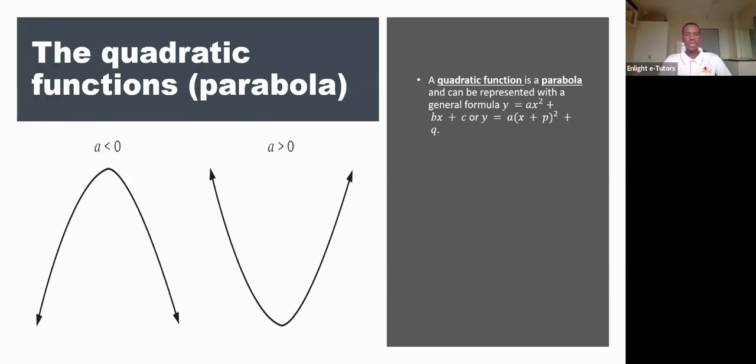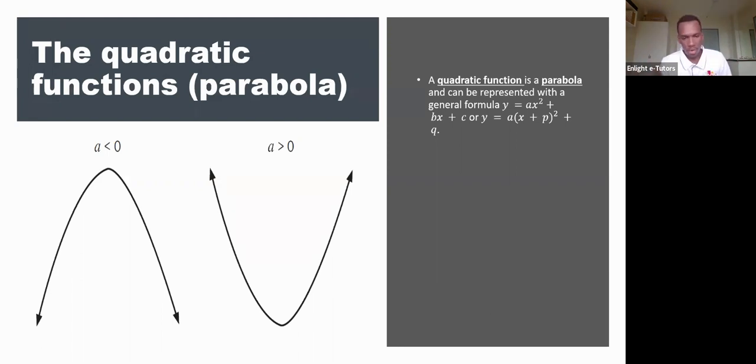So the second graph, we're going to look at the example after. The second graph is a quadratic function, which is called a parabola. It has two shapes: it either faces down or faces upward. It won't face to the side, because once it faces to the side, it's not going to be a function.